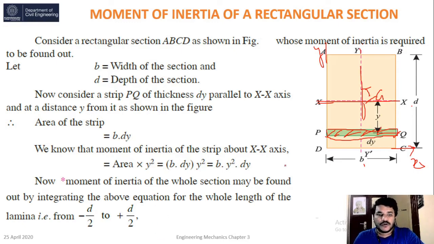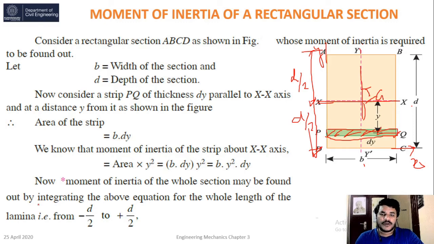You can substitute the limits of minus d by 2 to plus d by 2. This is the centroidal axis, and half of the depth is d by 2 on each side, because the rectangular section is symmetrical about both x and y axes.